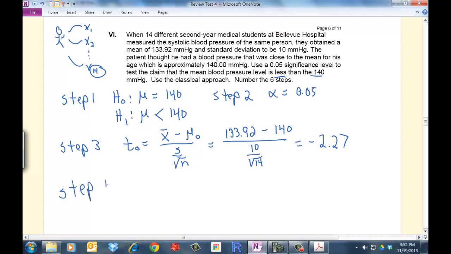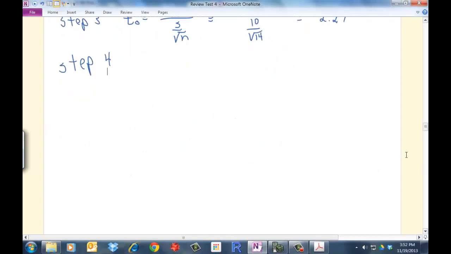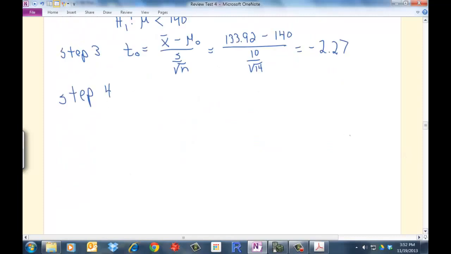So step 4, we're going to use the classical approach, which means we have to draw our bell curve.